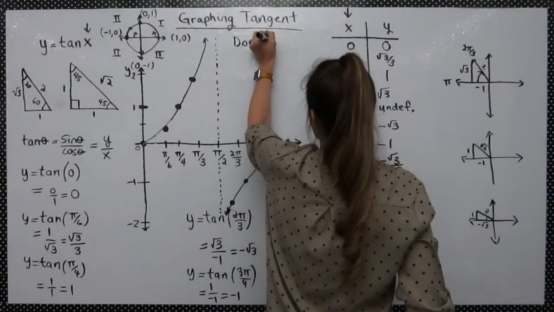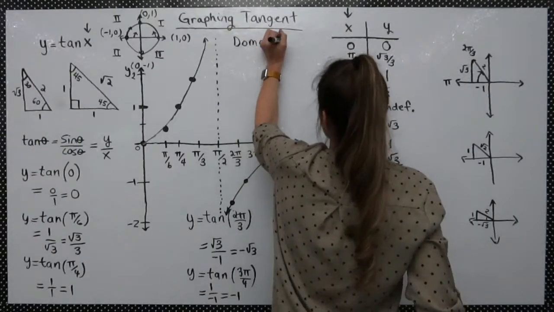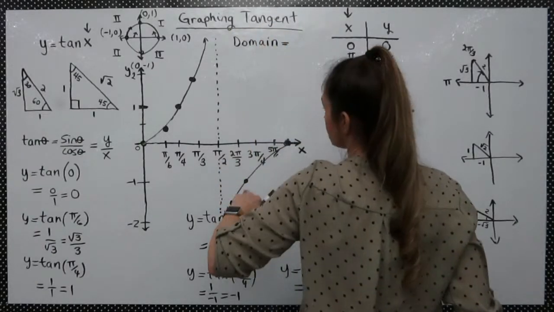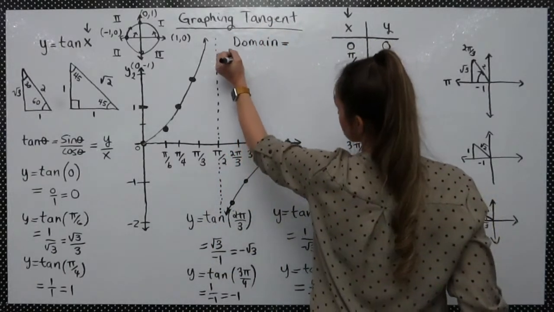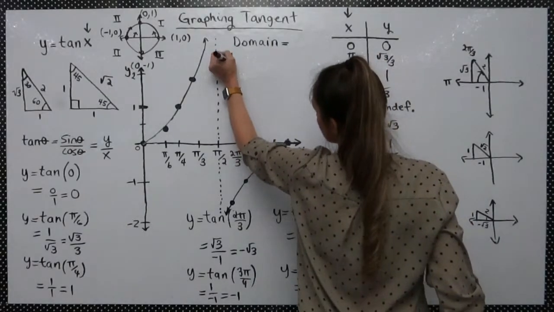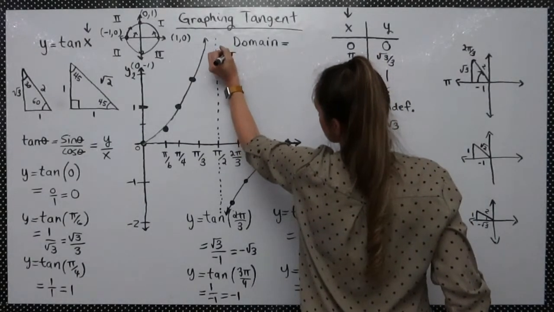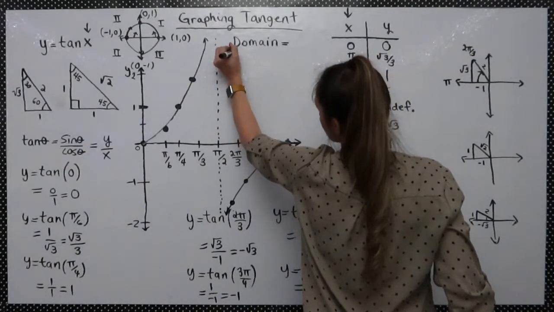Because of these asymptotes in the graph. So in set notation, what you'll say is, you'll say it's the real numbers, okay?